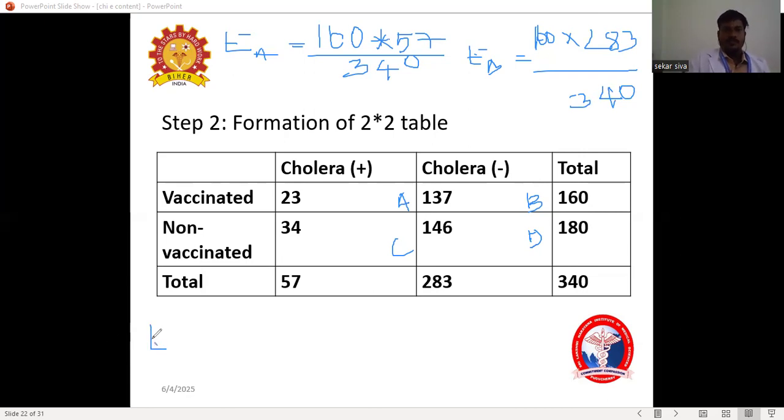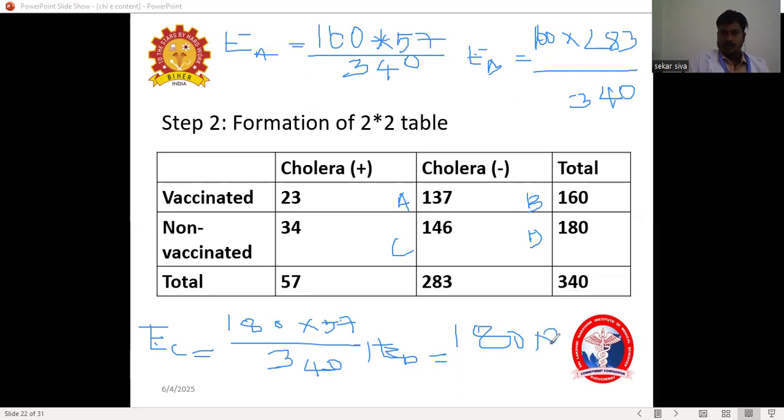The expected value for C is row total 180 into 57 divided by 340, and expected for D is 180 into 283 divided by 340. Nothing, it's just a cross multiplication.